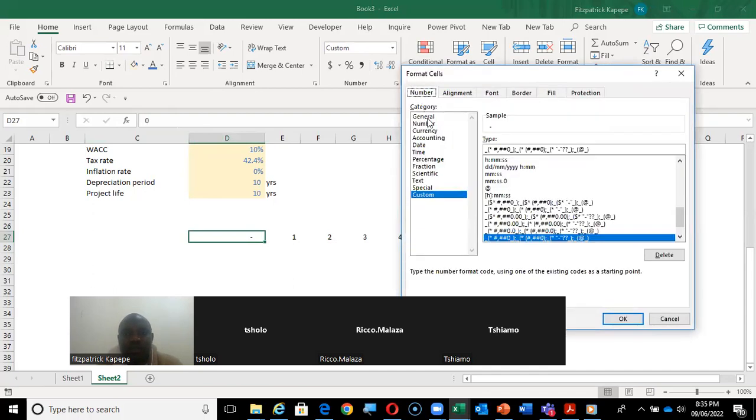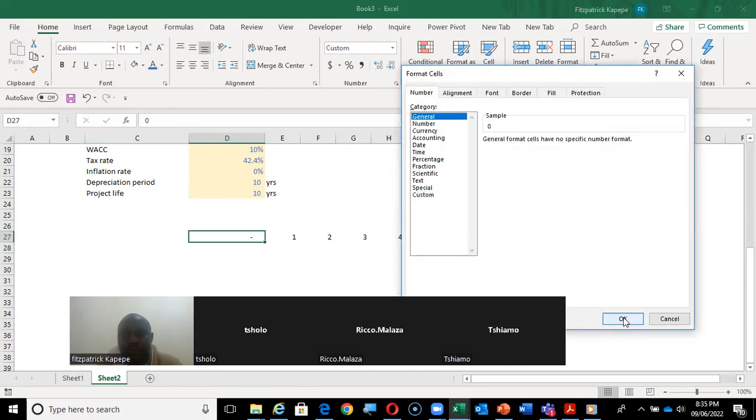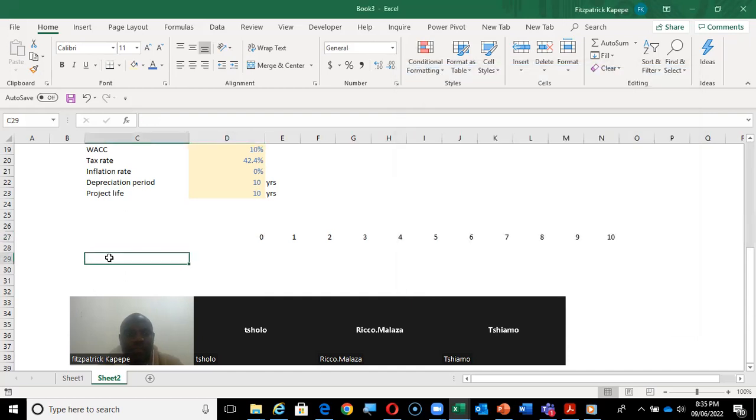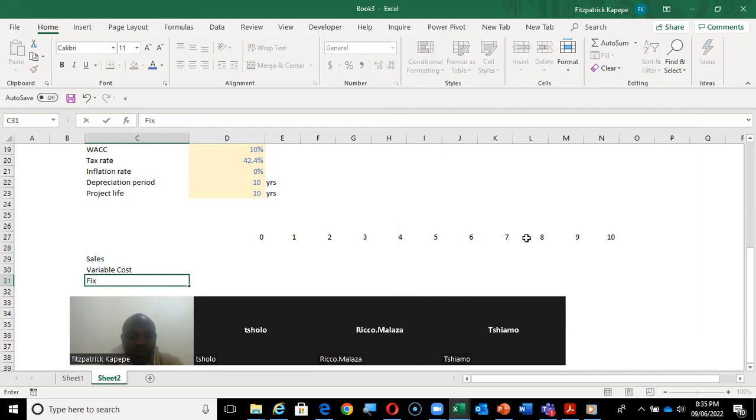Leave it to general. Okay. So we'll look at the sales. Then we'll look at the variable costs. Then we'll look at the fixed costs. Then we'll actually bring in depreciation.